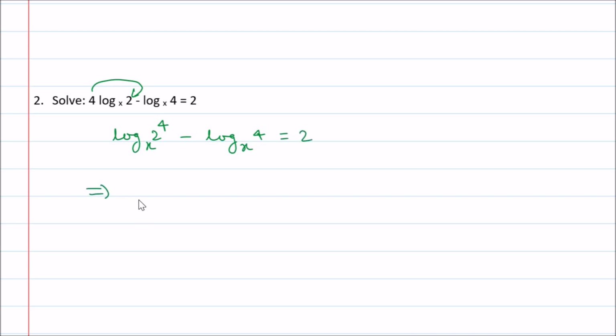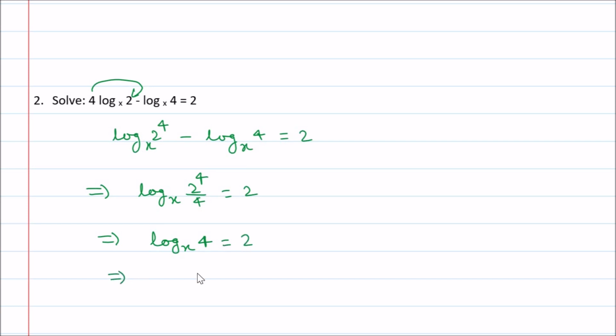Now apply the division law or quotient law, then it becomes log base x of 2 to the power 4 divided by 4, that is equal to 2. This implies that log base x, if you simplify 2 power 4 divided by 4, we get 4, that is equal to 2.